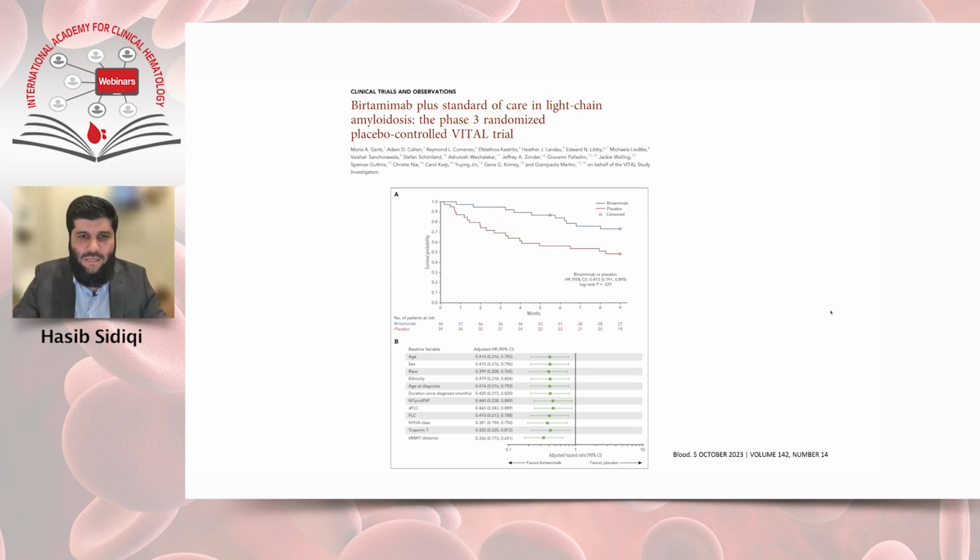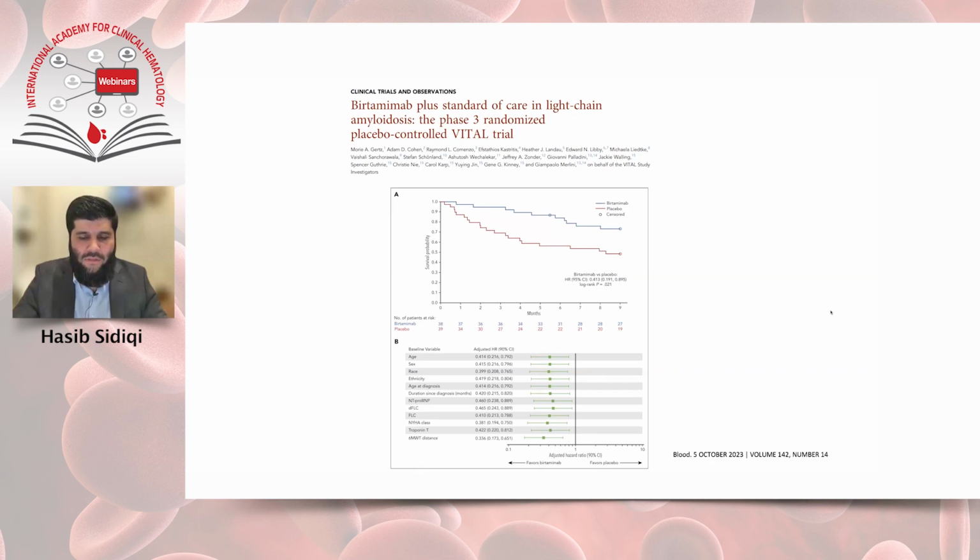What you can see here is that survival was significantly improved in patients with Mayo stage 3 disease who received birtamimab, compared to placebo. And again, although the overall study was stopped due to futility, at that stage the study included all comers.